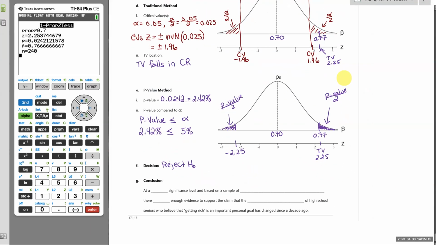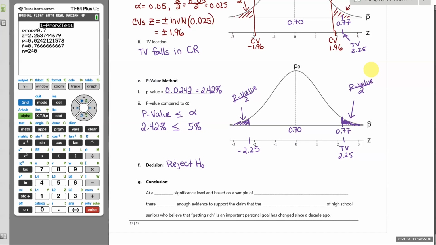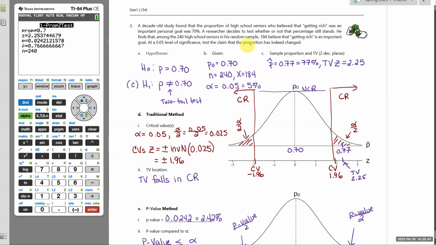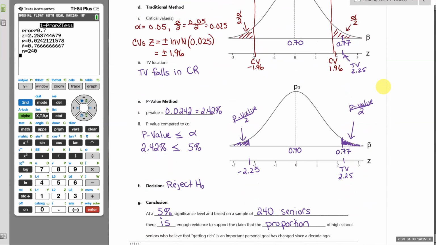And when we reject our null hypothesis, we are supporting our claim. So at a 5% significance level, and based on a sample of 240 seniors, reject the null, there is enough evidence to support the claim that the proportion, we could say percentage as well, I was just going up and seeing the wording, they said proportion, has changed from what it was a decade ago, or has changed from 70%.